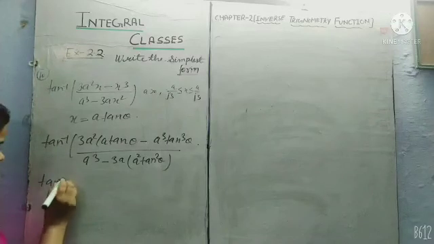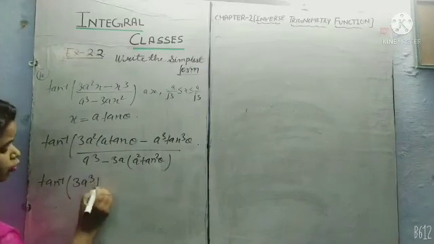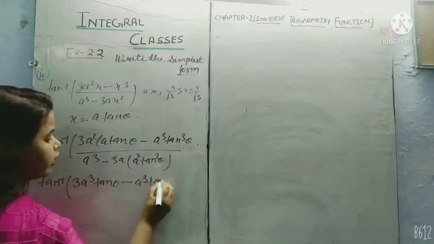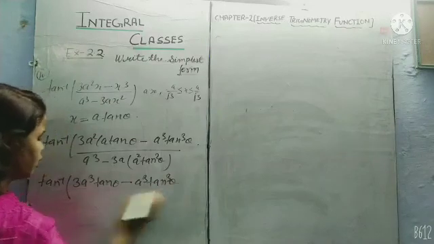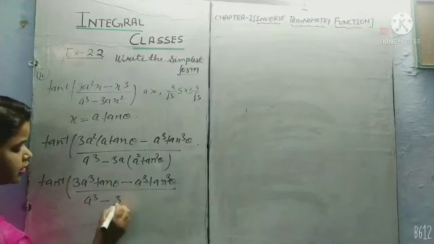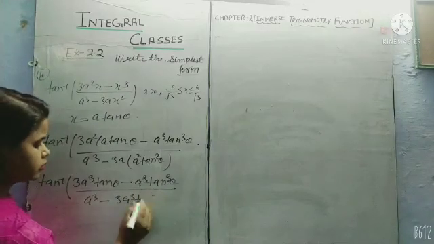Now student, we multiply here. It becomes 3a cube tan theta minus a cube tan cube theta upon a cube minus 3a cube tan square theta.